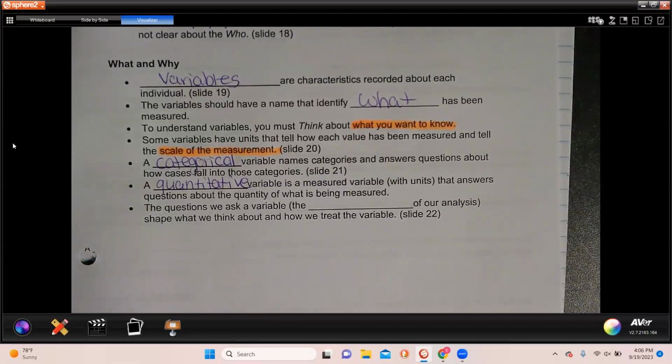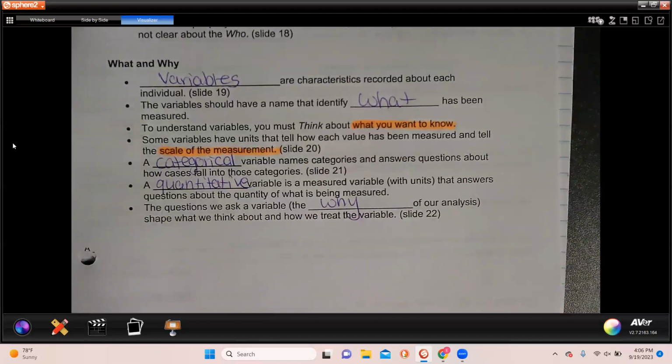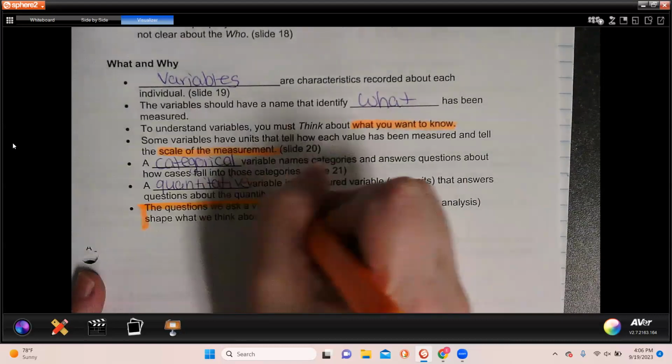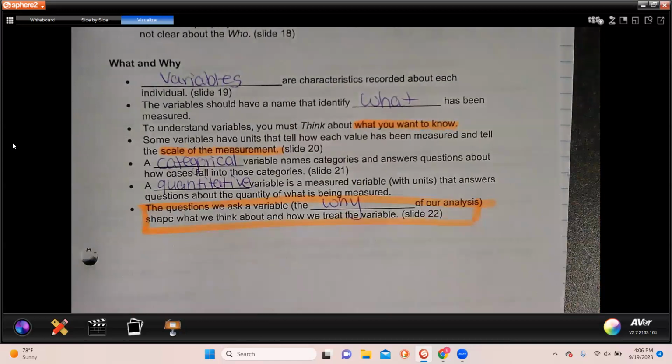The questions we ask about a variable, which is the why of our analysis, shape what we think about and how we treat the variable. This is extremely important because eventually all we're going to worry about are the conclusions that we come to. If we do not understand the question that's being asked, we'll have no idea how to come to a conclusion.